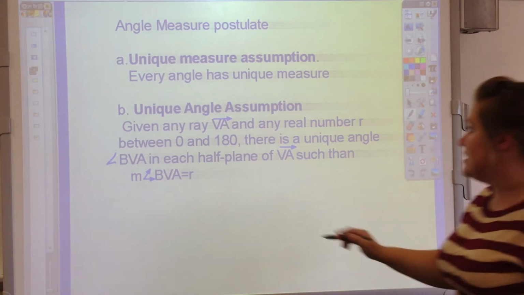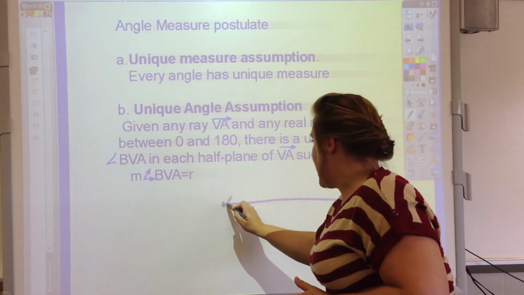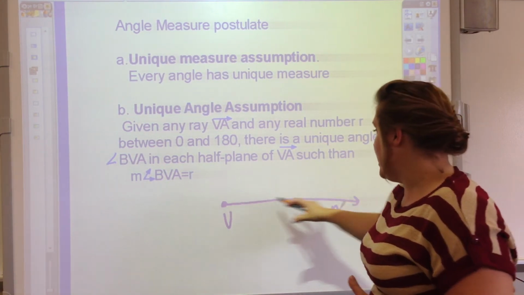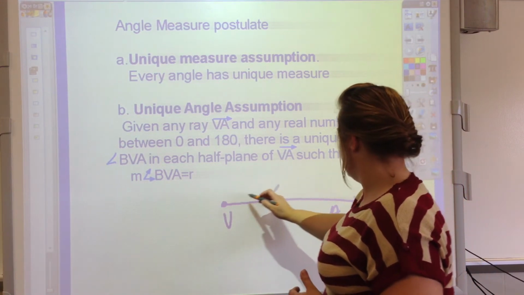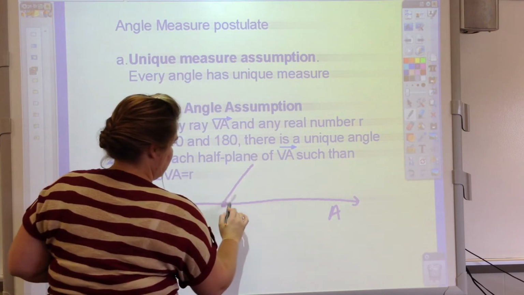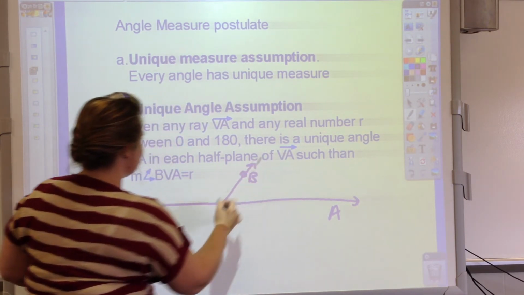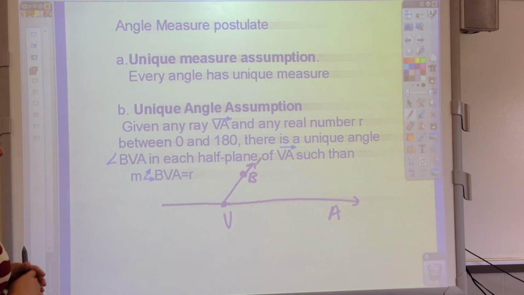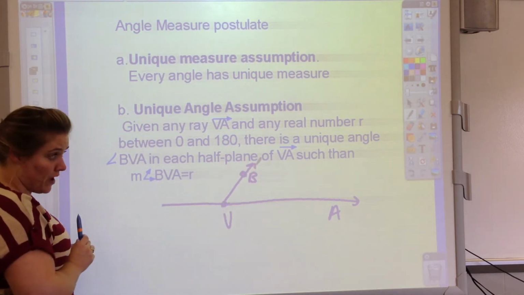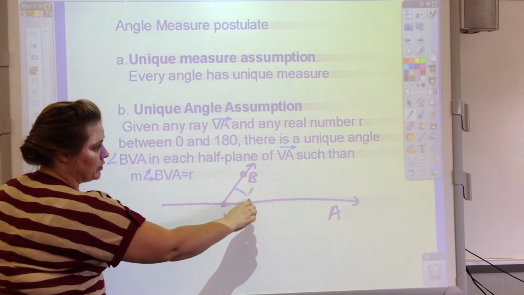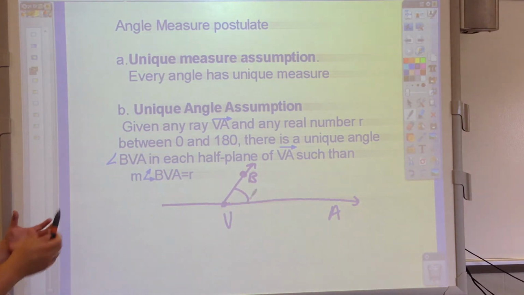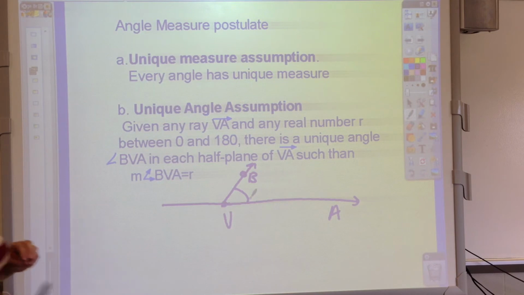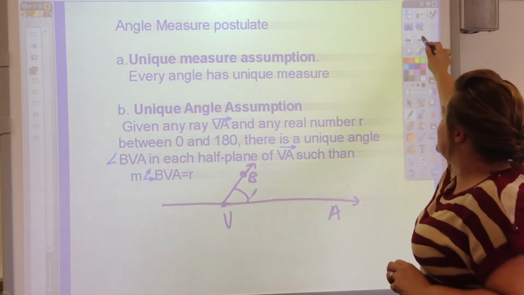Unique angle assumption says that given any ray, VA, and any real number R between 0 and 180, there is some unique value B that creates a new angle BVA equal to R. So that basically says if I take a ray off of another ray, that there has to be some value here between 1 and 180 degrees that that unique angle could have in each half plane. Okay? Hopefully the picture helps make that definition a little clearer.